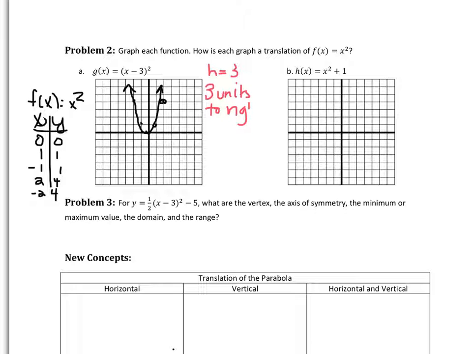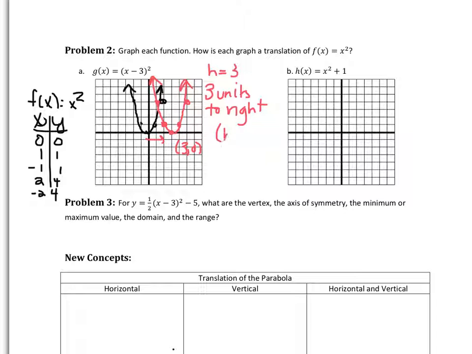So if I take each of those points and move them to the right, I now have 3, 0, 4, 1, and 2, 1. Let's just use those 3 points. And notice that everything has shifted 3 units to the right. Great, and then our new vertex, make sure you plot that, is 3, 0.